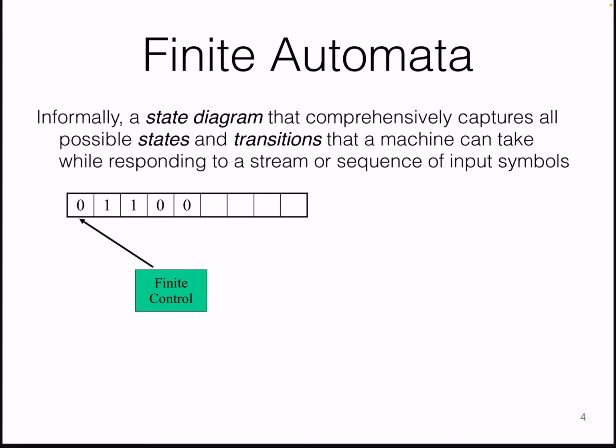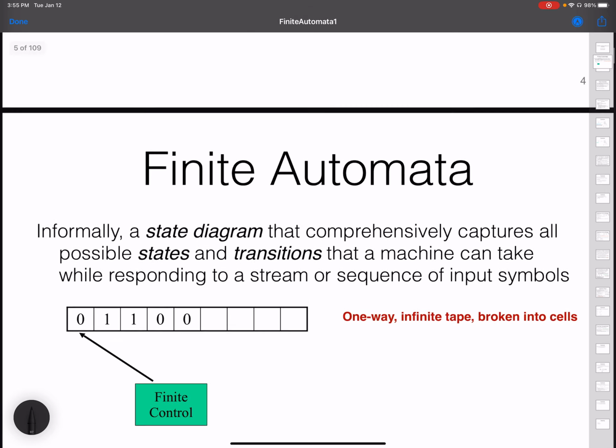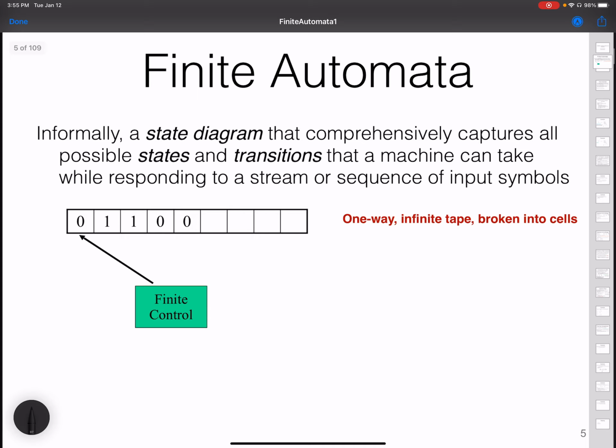One part is a unit, which we call a finite control, and there is going to be some tape that you can assume your input is written on. That tape is going to be a one-way read-only tape, which has been divided into cells. Over each cell, there is going to be one symbol of the input.